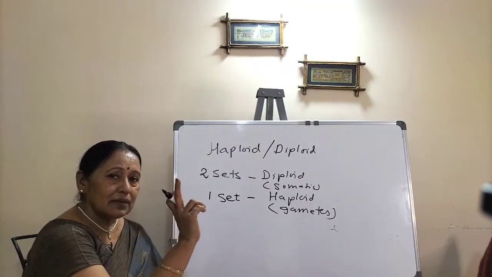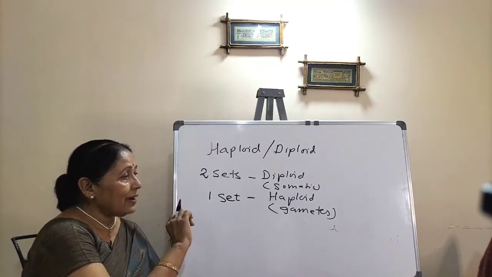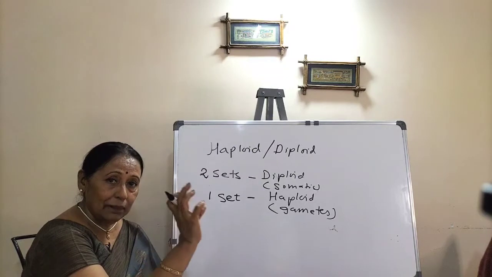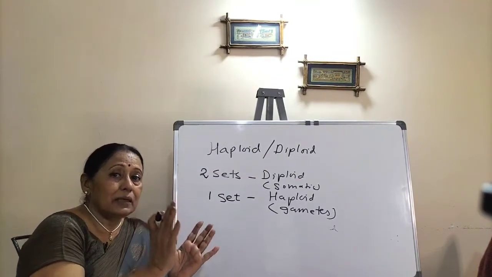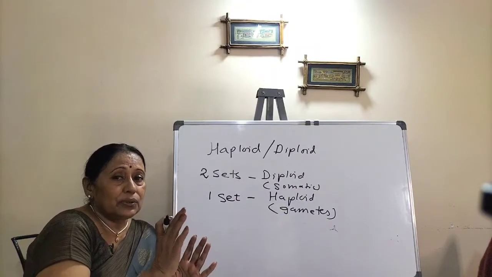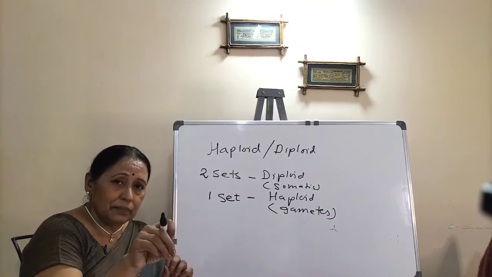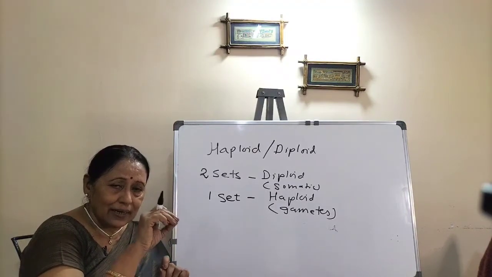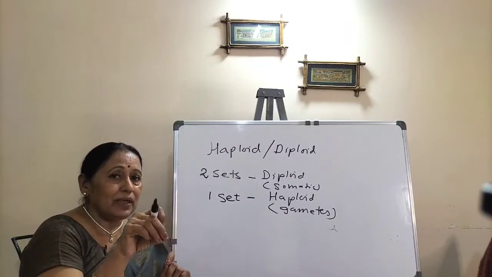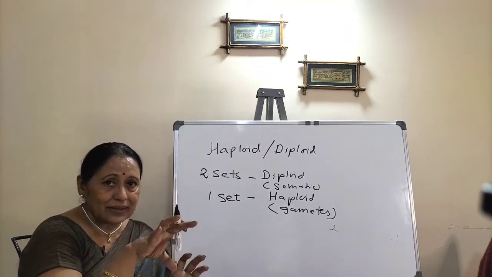So diploid means having 2 sets of chromosomes, and haploid means 1 set. When the 2 sets are separating, it is not that in one set you can put 2 books of biology and in another one you can put 2 of physics, not like that. One each from each subject, then only it is going to make a complete set.